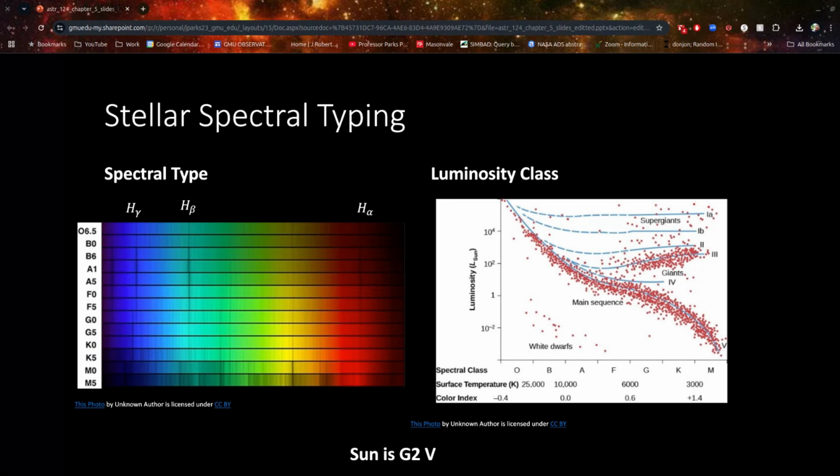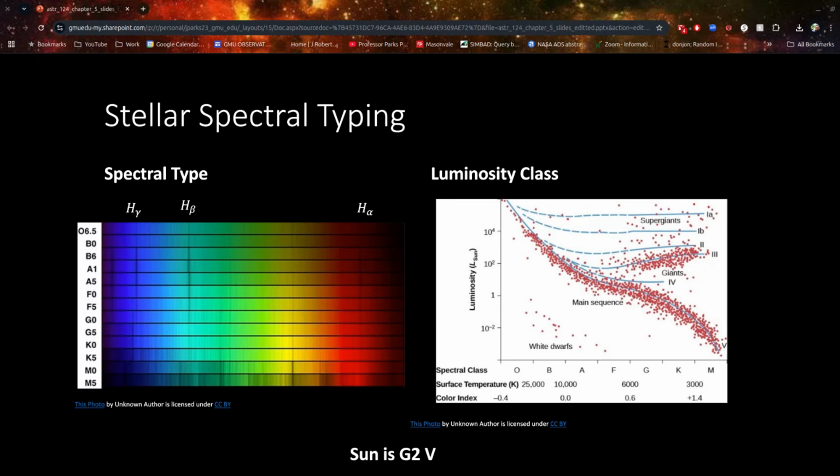When the first attempt to do this was extremely complicated, Annie Jump Cannon noticed something. If you look at these stars in terms of the strength of their hydrogen absorption lines, there follows a nice ordered pattern where you start off with these stars that are very blue, with a brightness in blue.